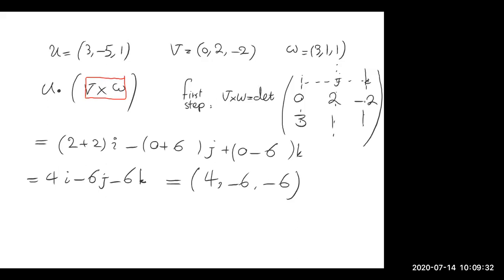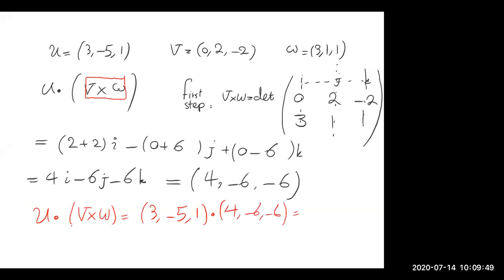Now, the second step is to compute the inner product with the vector u. But vector u is (3, -5, 1), and here the result is (4, -6, -6).